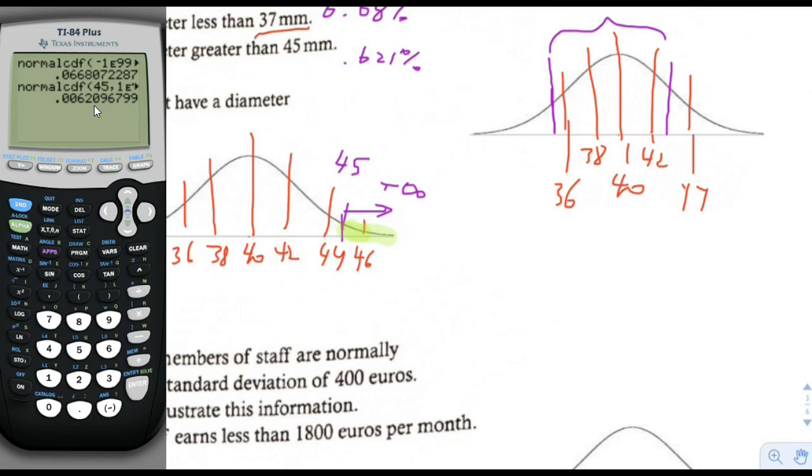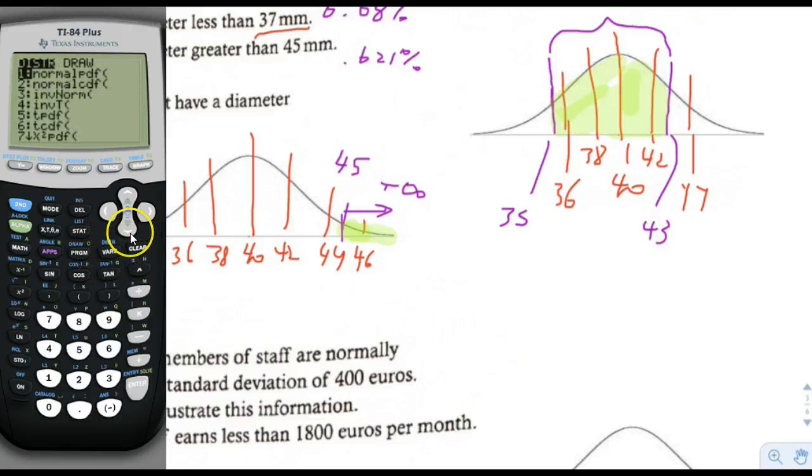So they're saying what's the probability to be between these two? And so I'm coloring it in the region here. So this is 35 and this is 43. So we're going to find the chance that it's going to be between those two using the calculator.